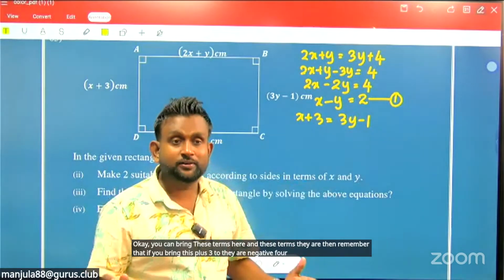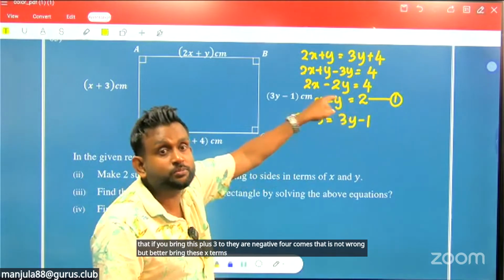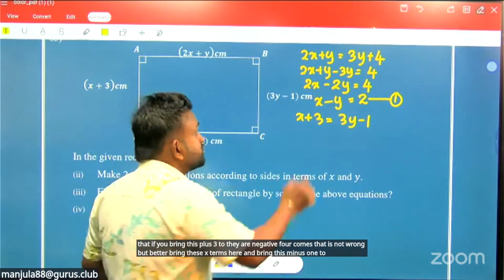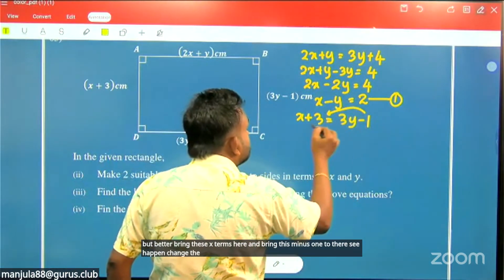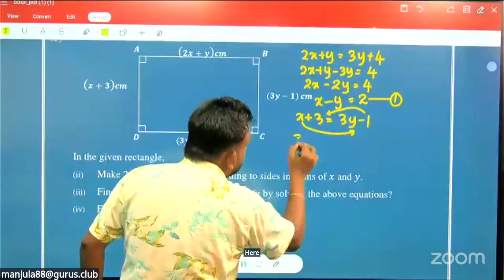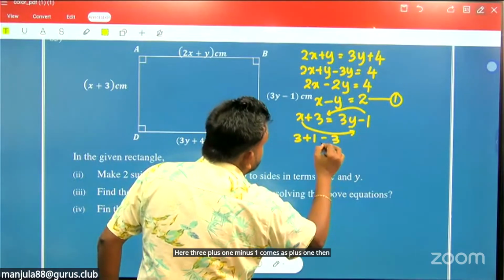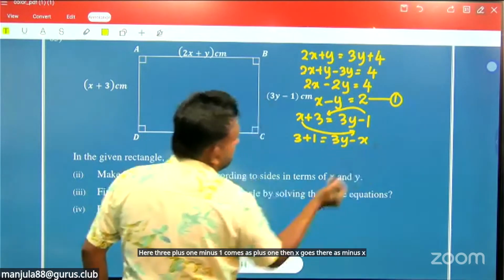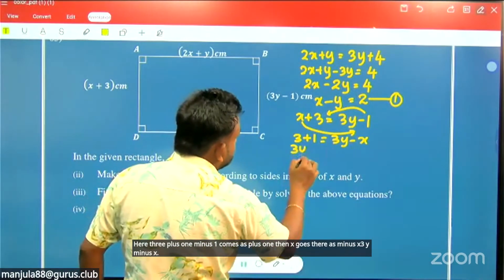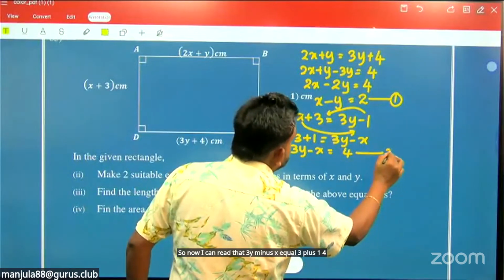That is not wrong, but better to bring these x terms here and bring this minus 1 to there. See, the signs change. Here it comes there, here it goes there. Then here 3 plus 1 comes as plus 4. Then x goes there as minus x, 3y minus x. So now I can write that 3y minus x equals 3 plus 1, 4. Right, this is the second equation.